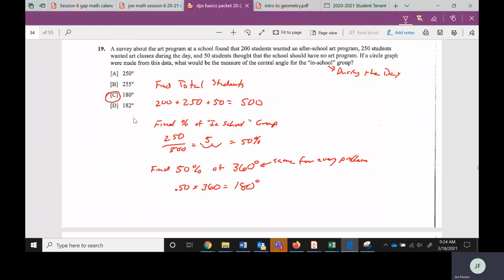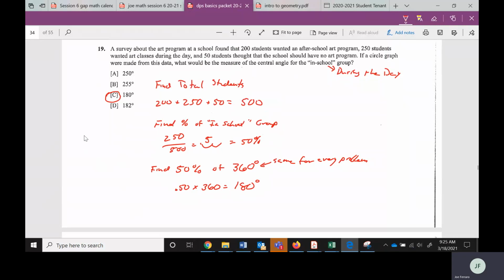Okay, if it gave us a different one, like 50 students, if we did 50 divided by 500, that would give us 0.1 or 10%. Well, 0.1 times 360 would be 36 degrees. So if it asked for the no art program, that would be a 36-degree measure in a circle.